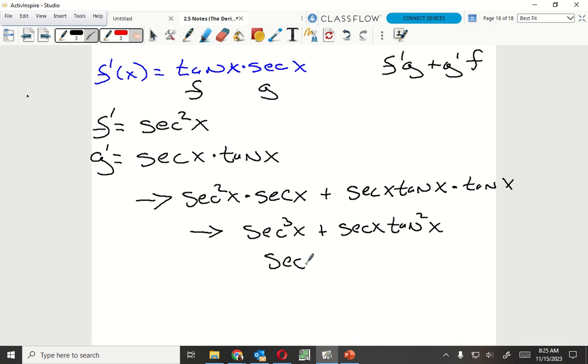So secant x, and then it's going to be secant squared x plus tangent squared x.